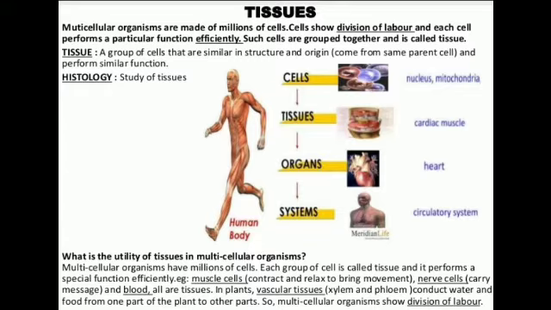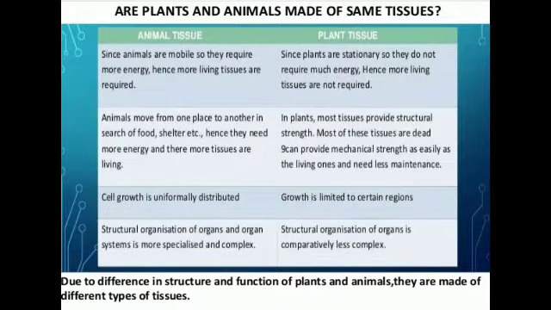So, already we have started the chapter tissues. I have told you cells combine to form tissues, and these tissues perform specialized functions and they combine to form organs, and after that it combines to form organ system and after that an organism, and each organ and organ system have particular function.